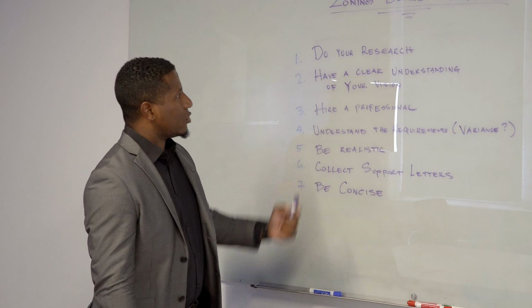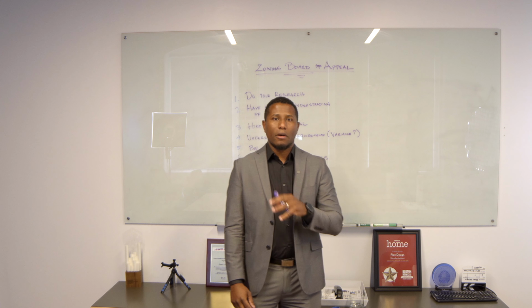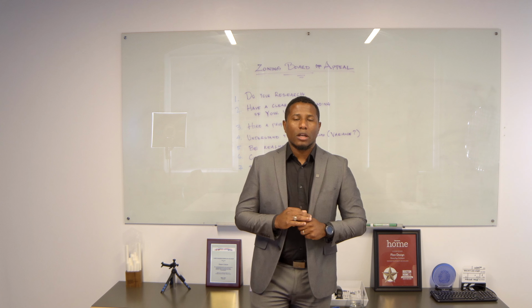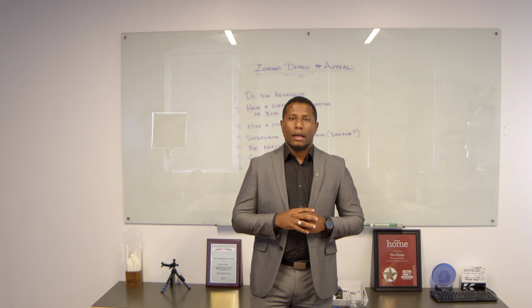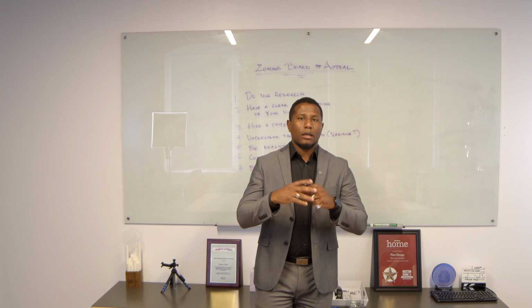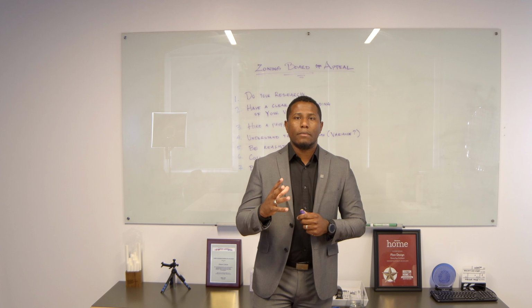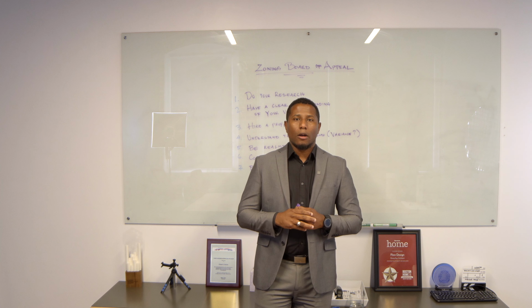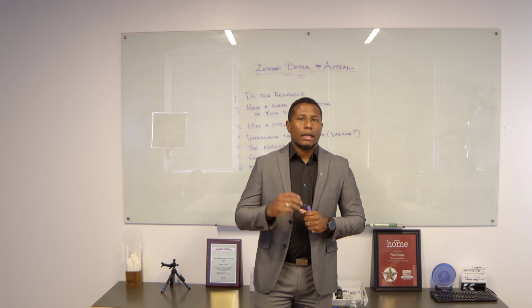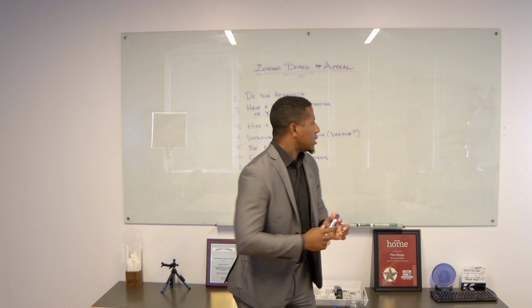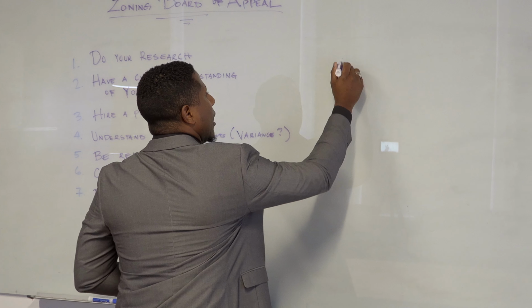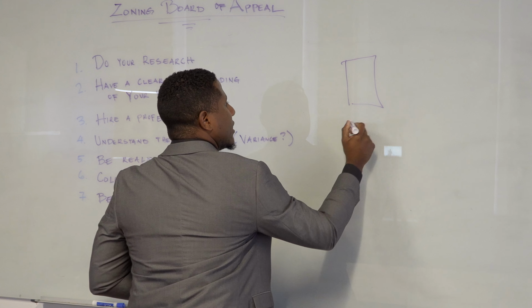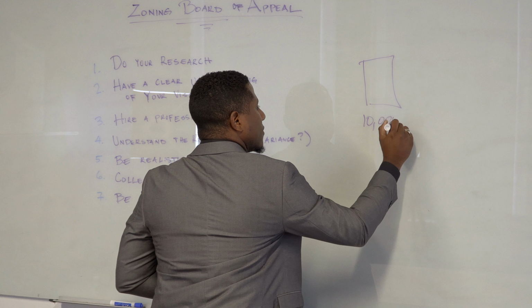So the first thing that we want to make sure of before you present to the city is: do your research. Very, very important. For example, if you have an empty lot, let's say in the city of Lynn, and the minimum lot requirement is, let's say, 10,000 square feet. Let's write it down. Let's say your lot is 10,000 square feet.